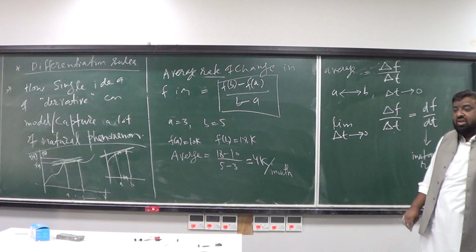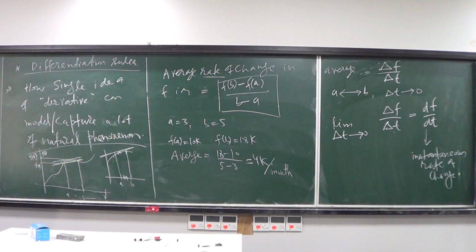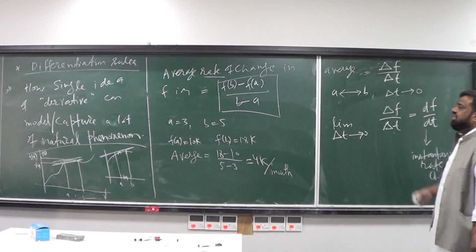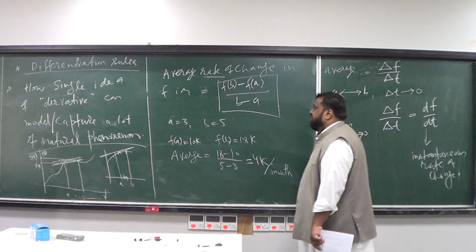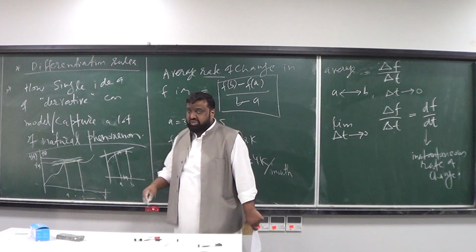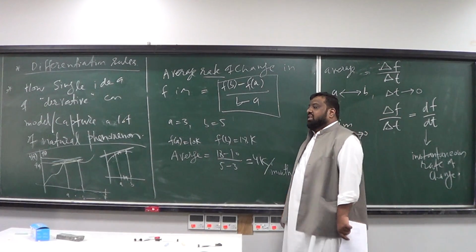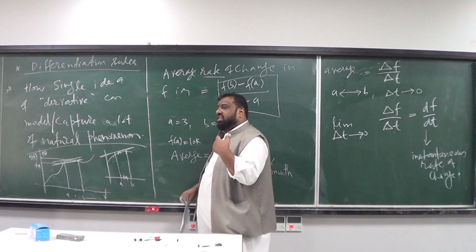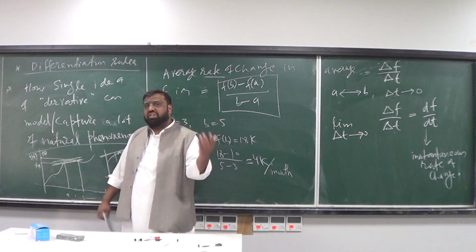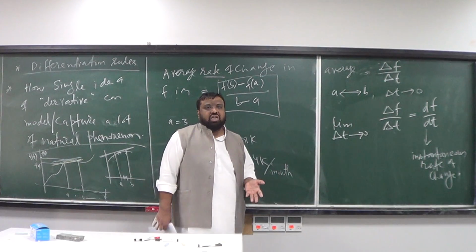In some situations, average rate of change gives you good information, but in some situations, you are very much interested in how much the change is taking place instantaneously. For example, let's talk about stocks.